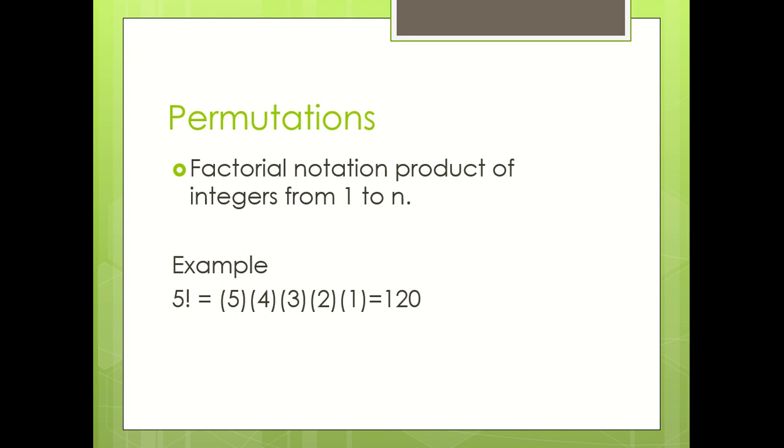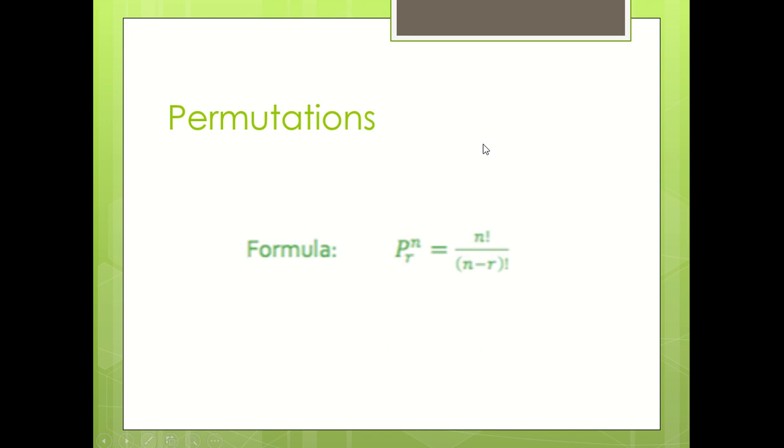In your scientific calculator, simply look for the n and then exclamation point, or sometimes it is also x and then the exclamation point. So you will simply press 5 and then that x factorial, and right away the answer, which is 120, will be given to you. As easy as that if you have the scientific calculator.